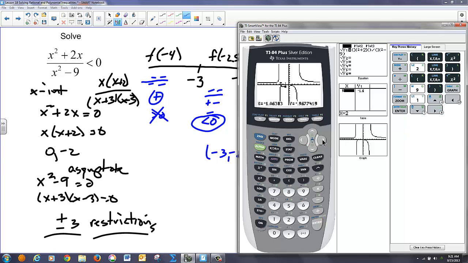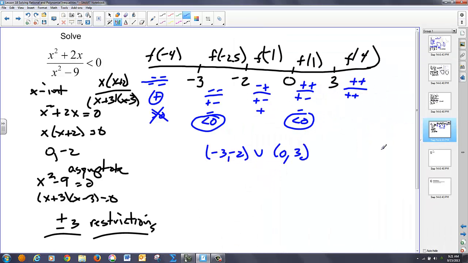But let's just confirm. So we can see everywhere else it's above the axis. Graph again. And sure enough, it goes above and then dips back below. So our calculated value is right. We didn't have to go through all the painstaking process of graphing it to get that done.